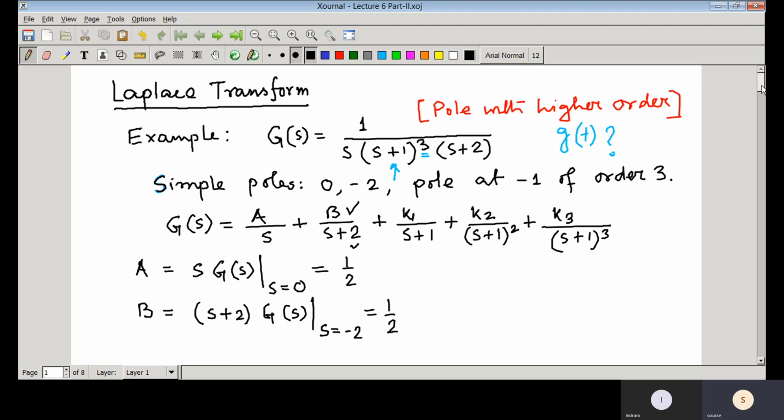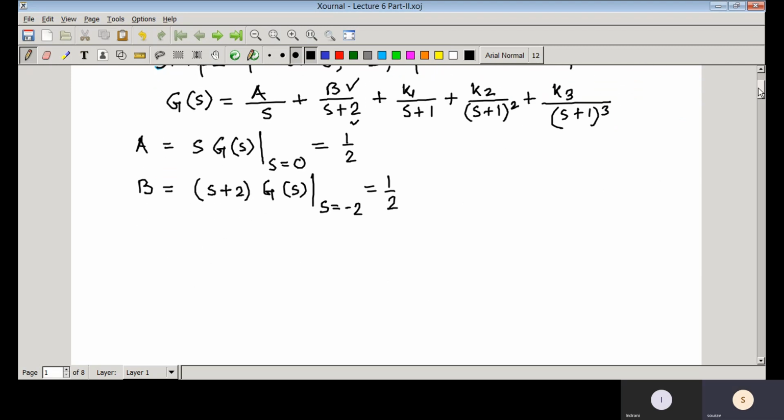Then K3 is (s plus 1) whole to the power 3 G(s), you find it at s equal to -1, so that would be 1.